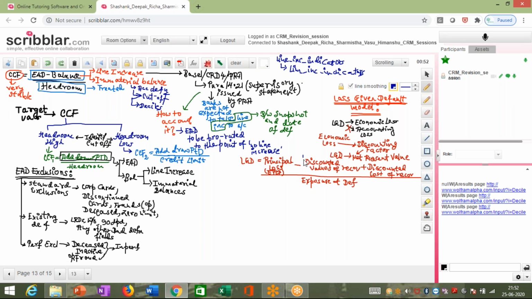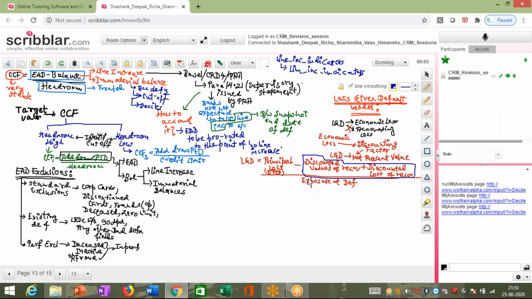I would not be working with EAD because I've already seen how to calculate this exposure at default. But to calculate this LGD, it is this recovery rate, the net recovery rate, that I need to capture.